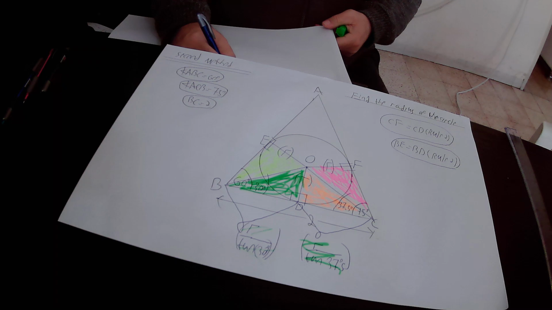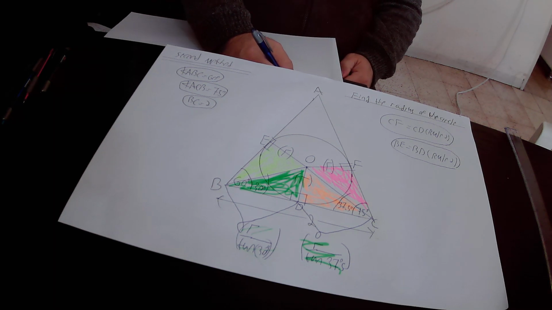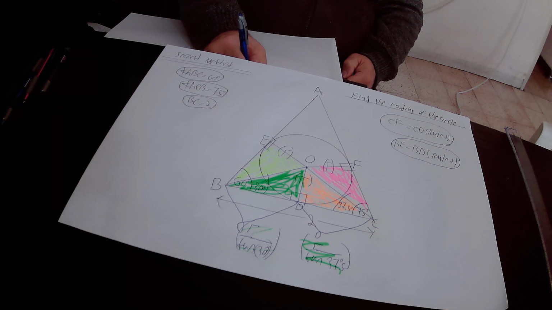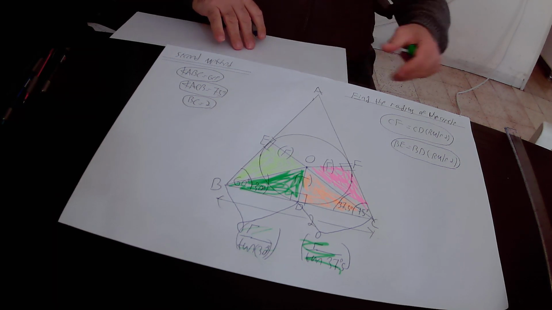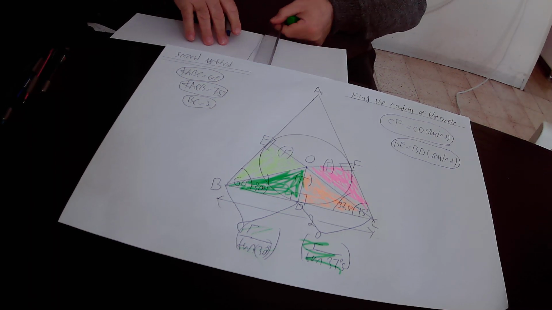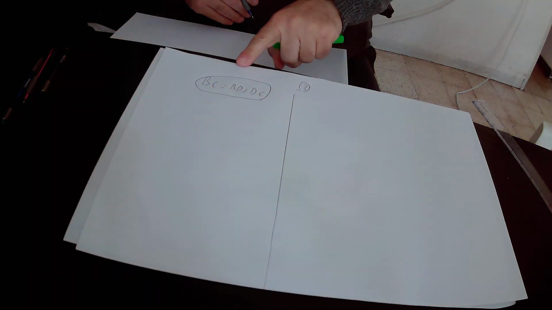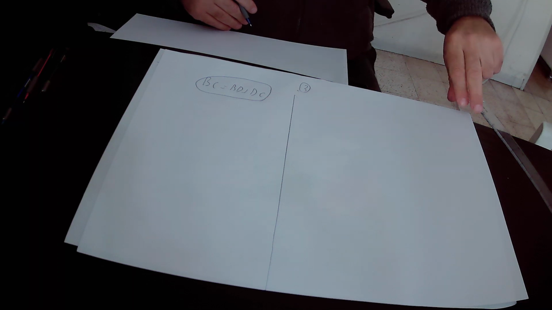From the drawing it is very easy to see that side BC of triangle ABC, BC equals BD plus DC. Repeat again. BC equals BD plus DC.